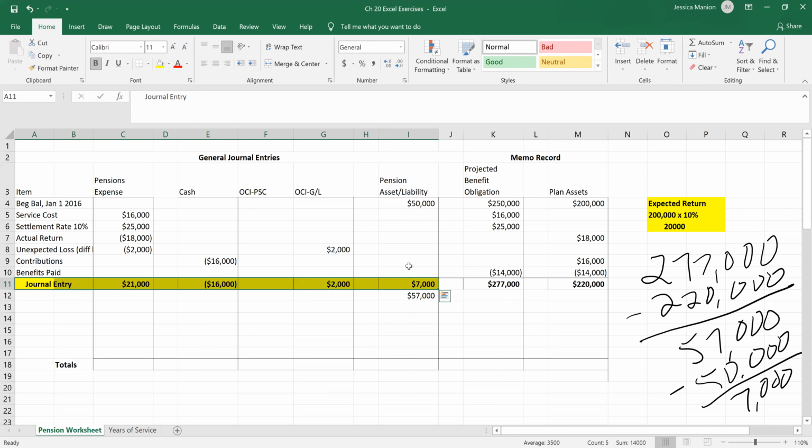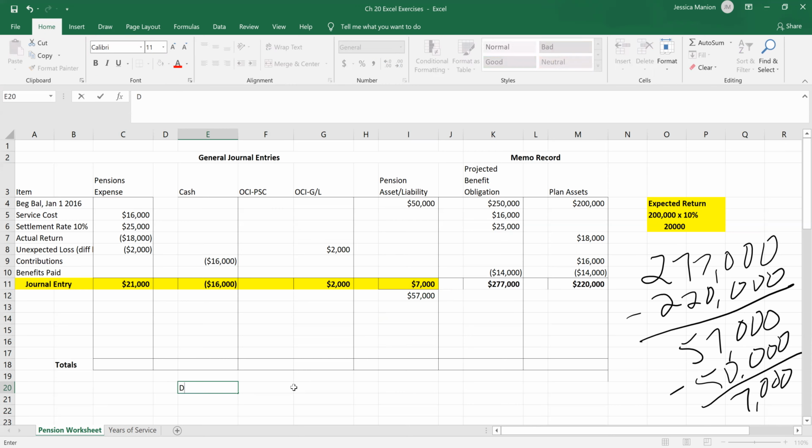And so the journal entry for this first year, we'd have debit, pension expense, because here are our columns up here. Debit, pension expense, for 21,000.